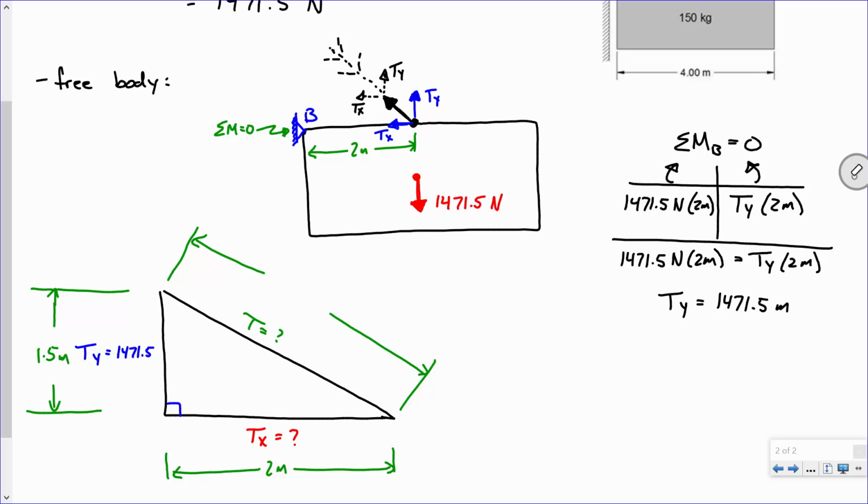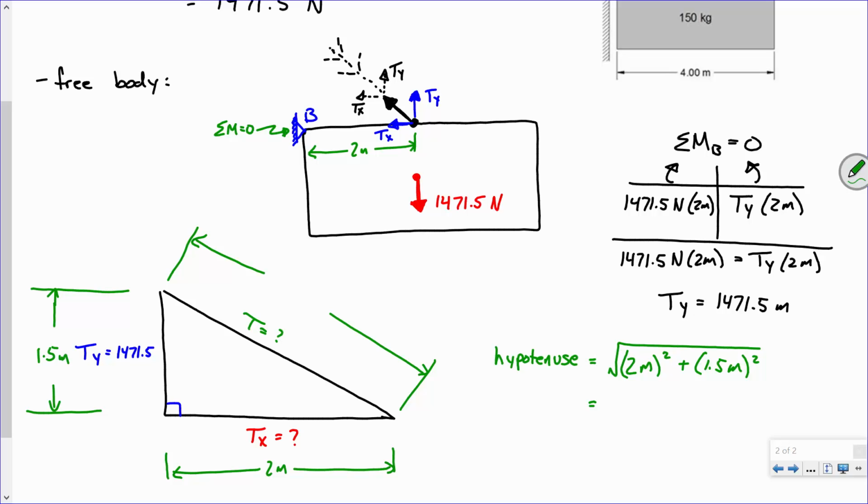Pythagorean theorem. So what I'll say is the hypotenuse is what's that?